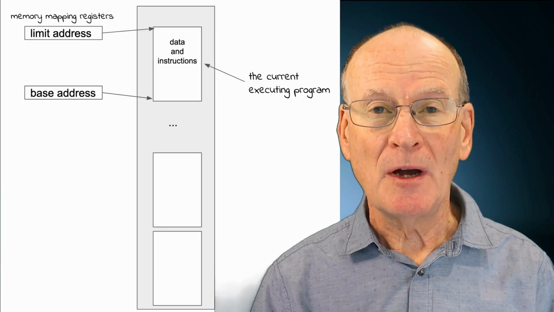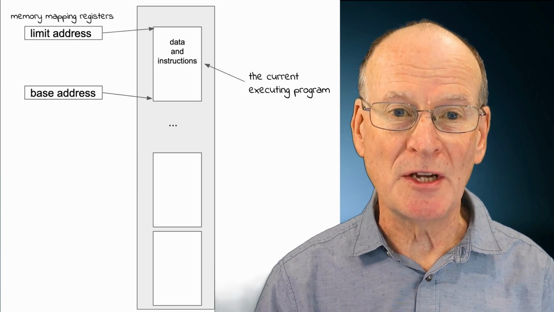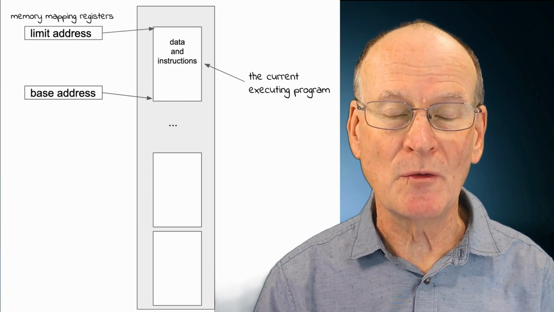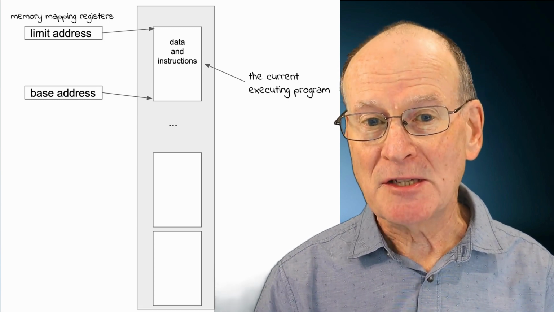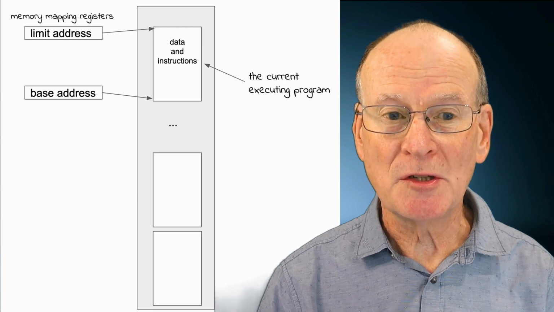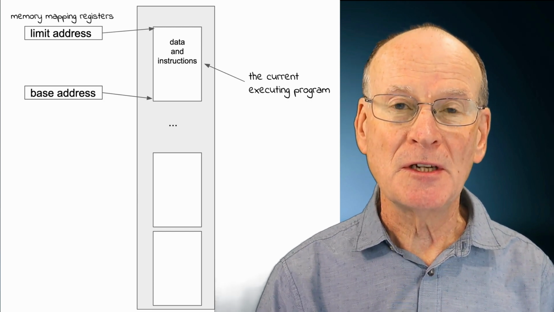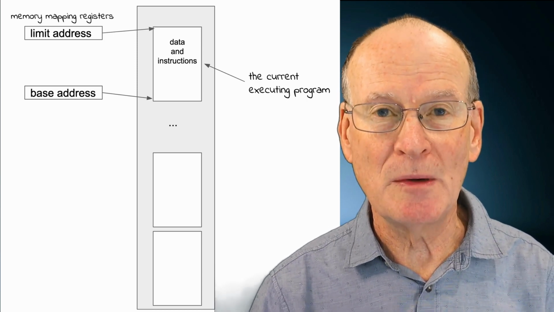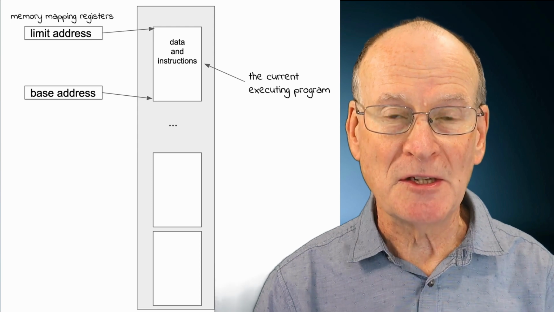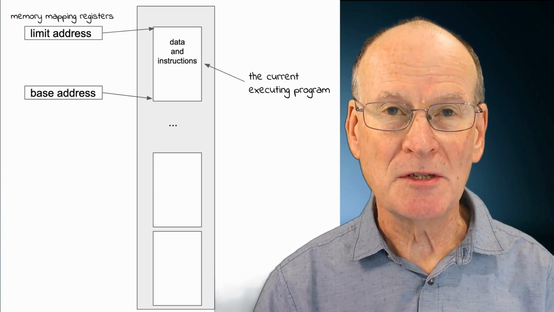This is done by the CPU having a special register that contains the base address of the running program, where that running program starts somewhere in the memory. When a program accesses memory, the contents of this register is added to the address that it wants to access. This means that, of course, the program can't access any physical memory address before the base address, and the reason for that is that all memory addresses must be positive.